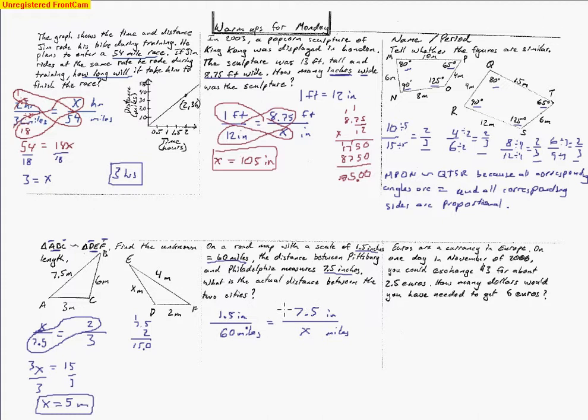All right, so we're ready to cross multiply. Now if you didn't see the reducing that goes on here, go ahead and just cross multiply. So 1.5x and then 60 times 7.5. So let's do that off to the side here. 7.5 times 60. Now 0 times a number doesn't change anything, so I'm going to just add the 0 and then multiply the 6 and the 5. Makes 30. That's 42, and 3 make 45.